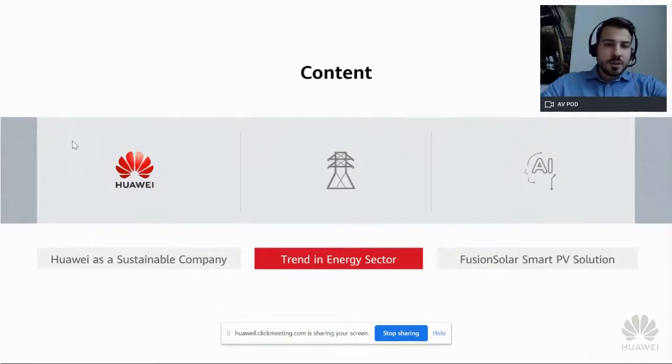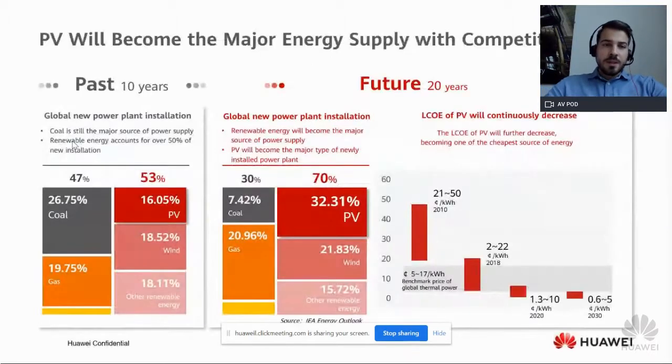So now just a few outlooks in the energy sector, what we expect in the future. As in the past years, we see that the PV investment, the PV installation, is growing, but there were also other carbon fuel investments all around the world. But we see that decarbonization is happening at this very moment.